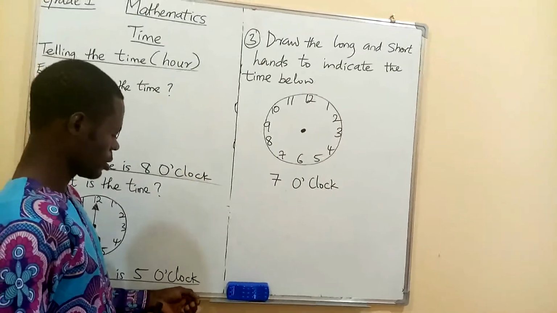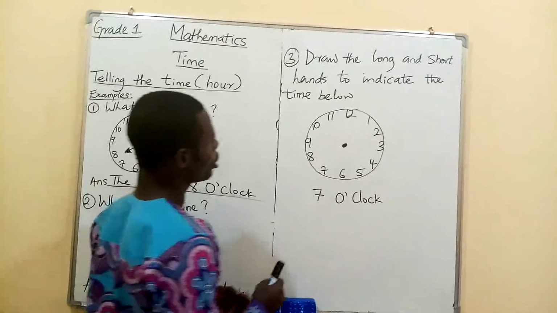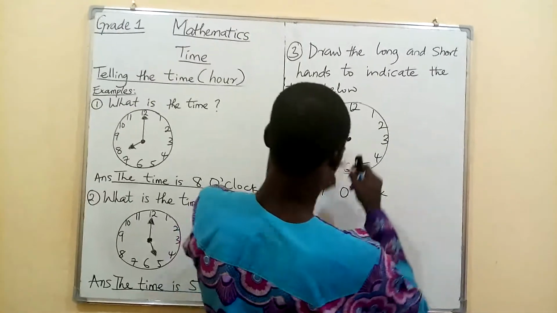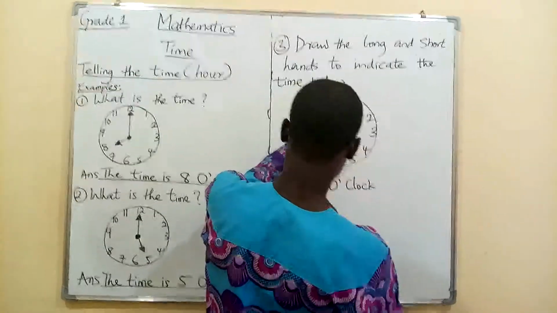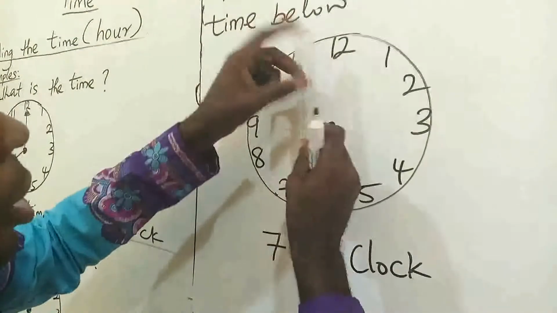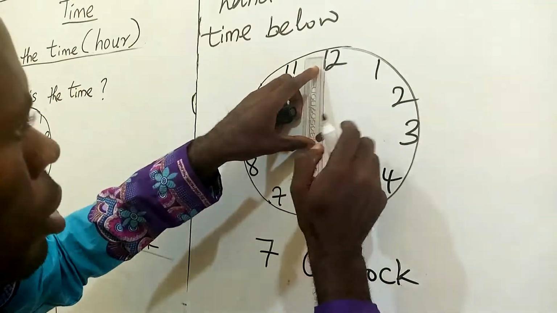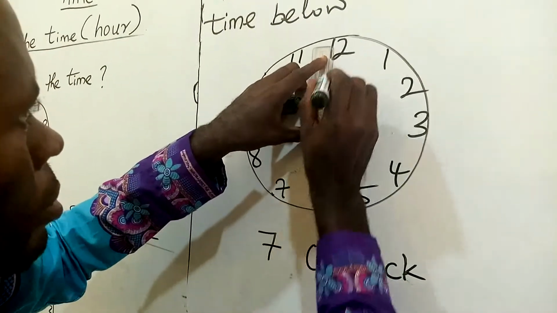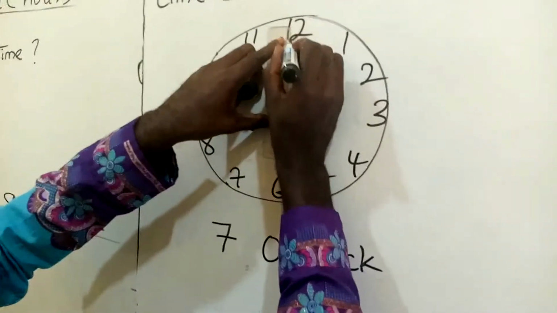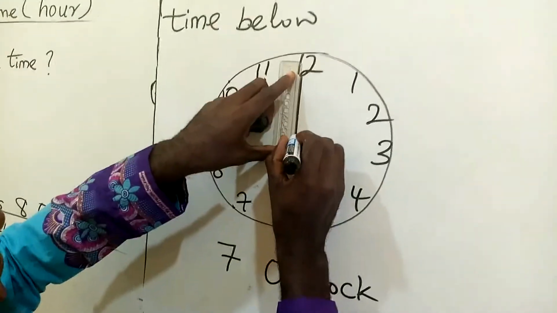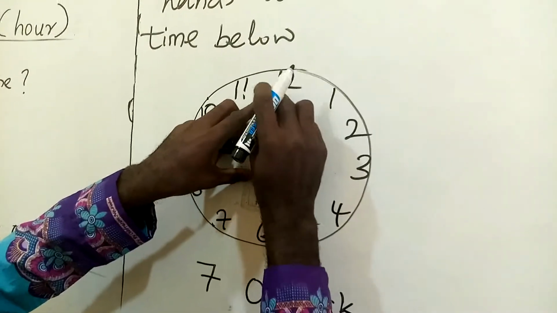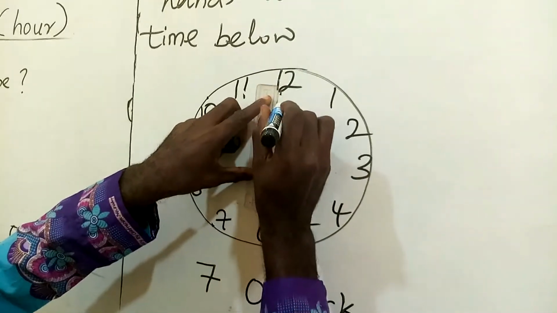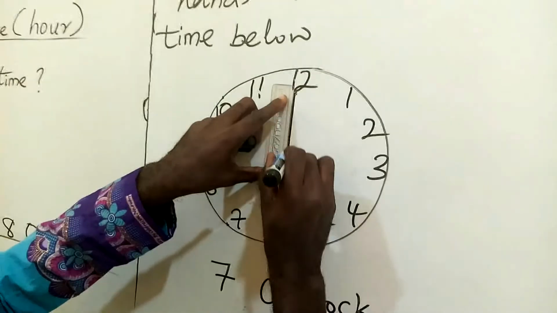Alright, we are going to draw the long hand first. Use your ruler this way to draw the long hand. Make sure it's directly at what? Make sure it's directly at 12.